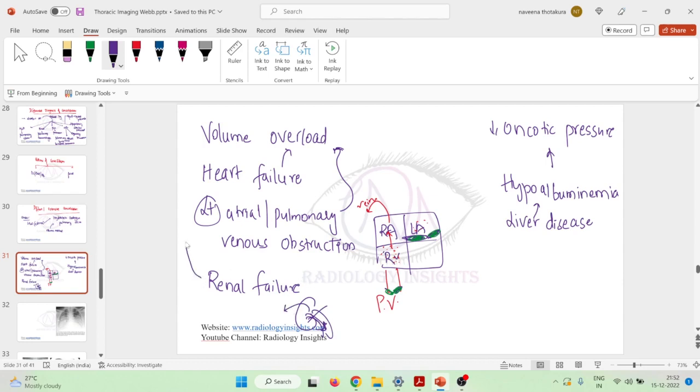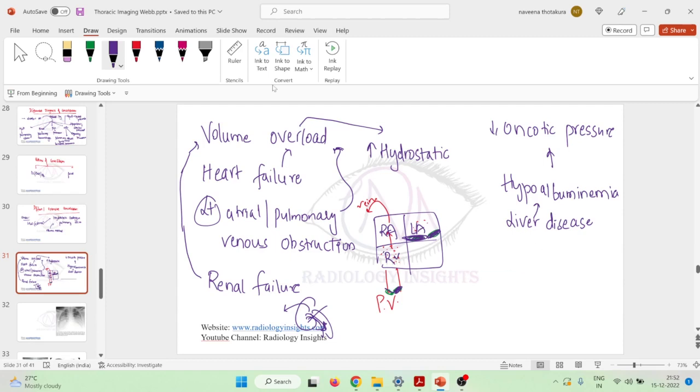As a result, this also results in volume overload. Whenever there is volume overload, it will increase the hydrostatic pressure, whereas diseases like hypoalbuminemia and liver disease will decrease the oncotic pressure.